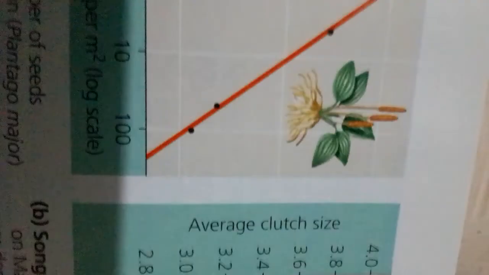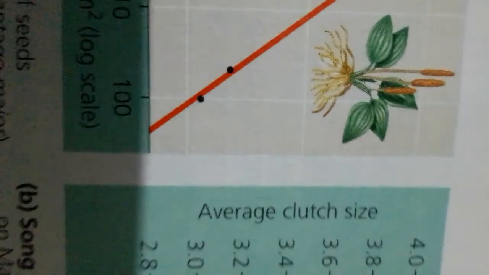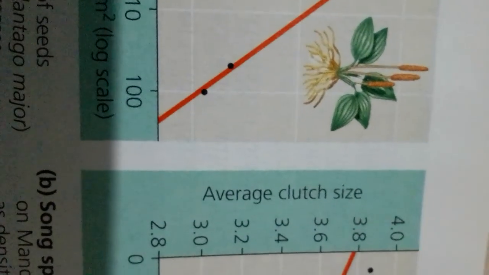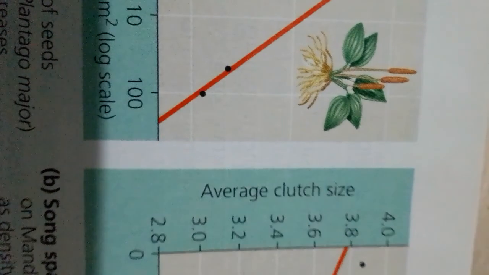In contrast, a death rate that rises as population density rises is said to be density dependent, as is a birth rate that falls with rising density.